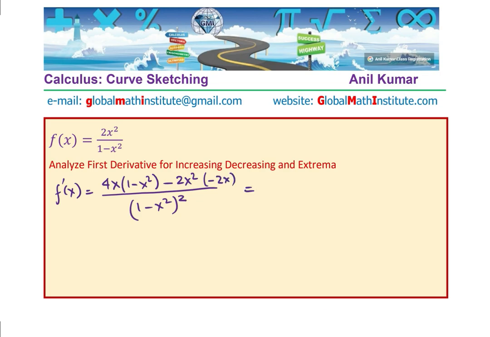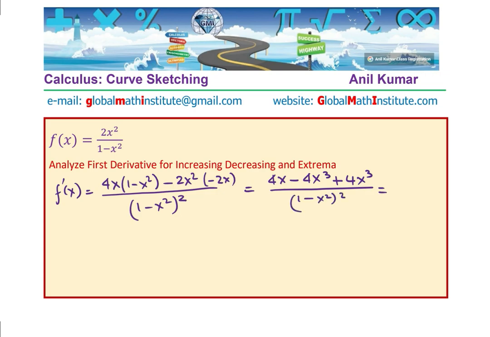Let's simplify this. Open the bracket. So we get 4x minus 4x cubed, minus, and minus becomes plus 4x cubed, over (1 minus x squared) whole square, correct?